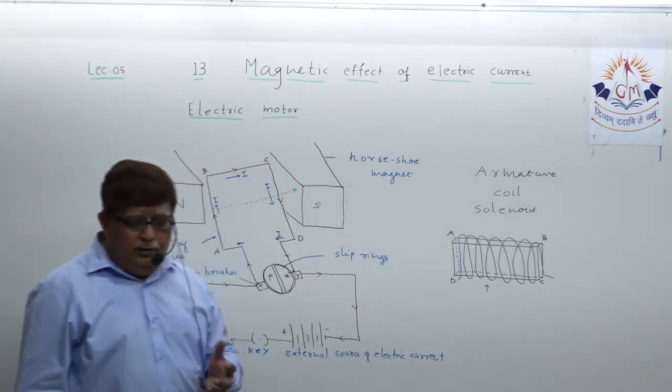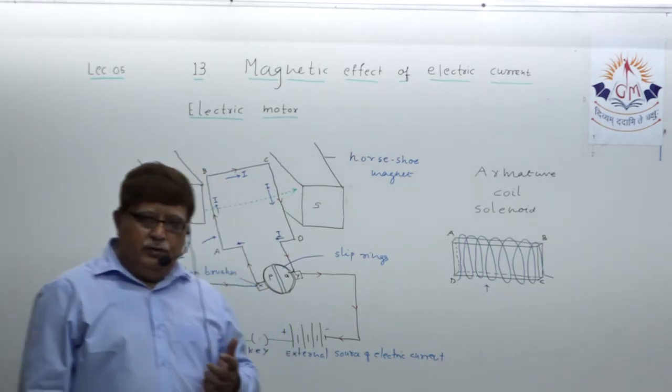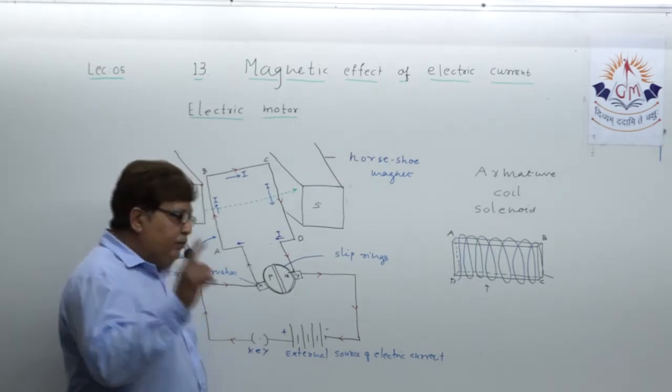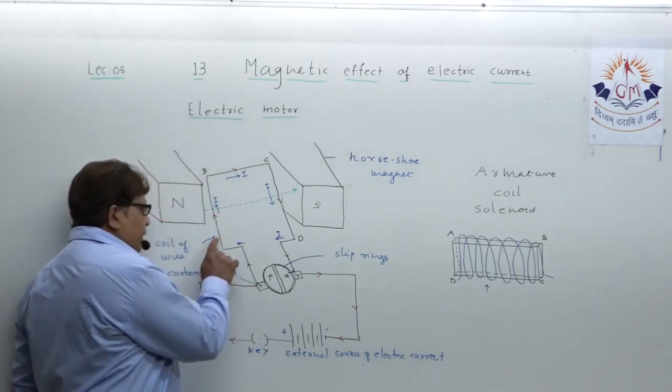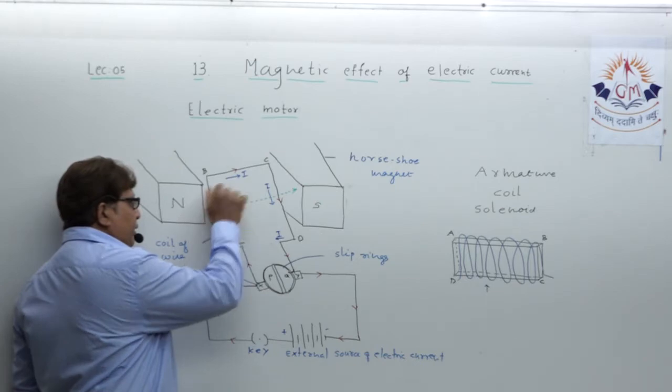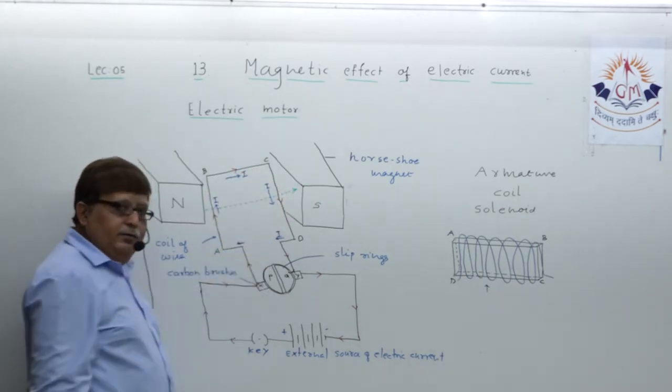in both the edges, that is AB and CD, what you are seeing, the directions of electric current are opposite.